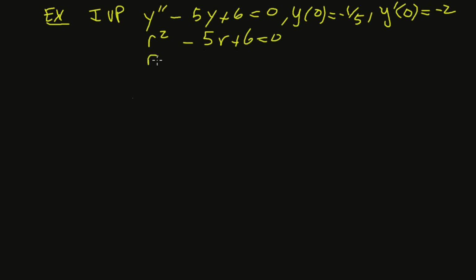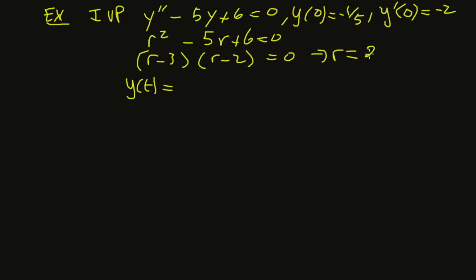Which can be factored to this, and the solution combining the other two. Let's write this first. C1 e^(r2 t) plus C2 e^(r3 t).